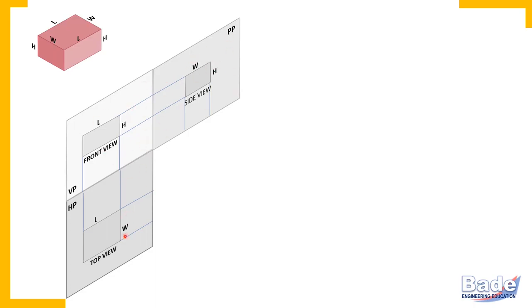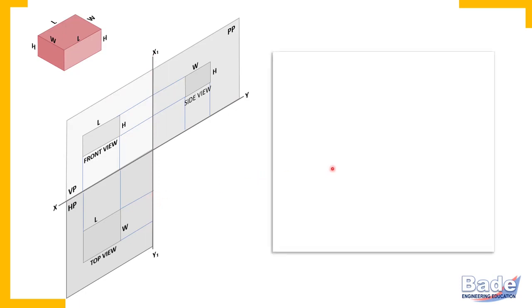So now all these three planes are in one single plane, and this is our drawing paper. Intersection of VP and HP is the XY line. Intersection of VP and PP is the X1 Y1 line.